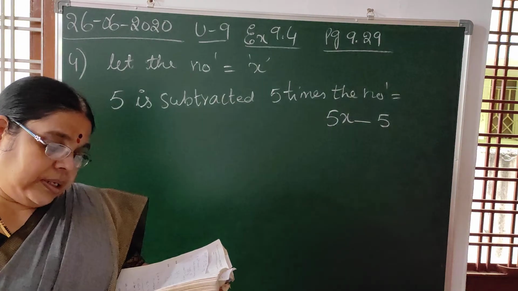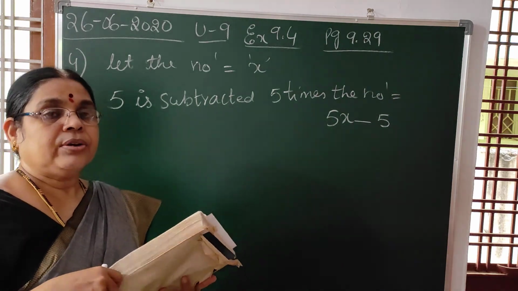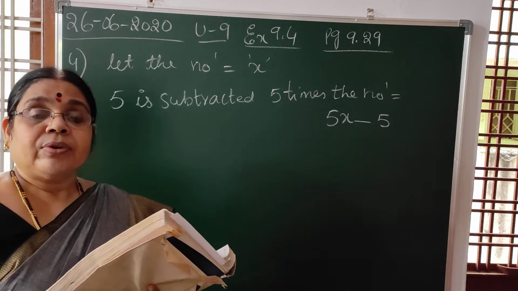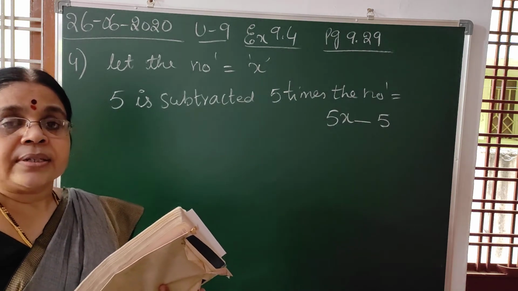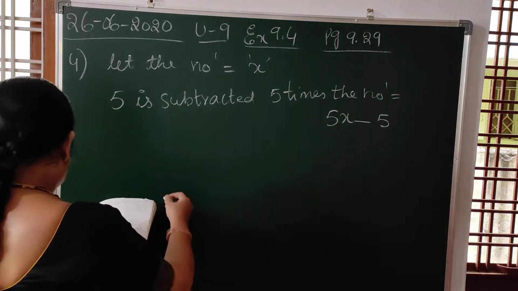Then the result is 4 more than twice the number. So when you subtract 5 from 5 times a number, what is the result you are going to get? The result is 4 more than twice the number.